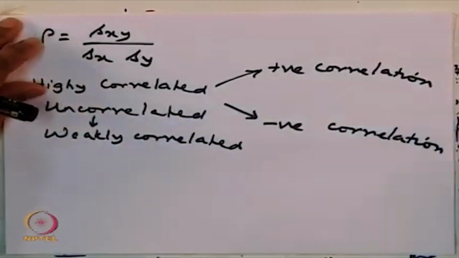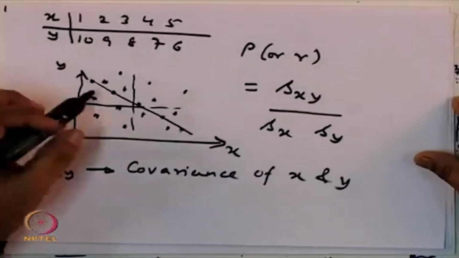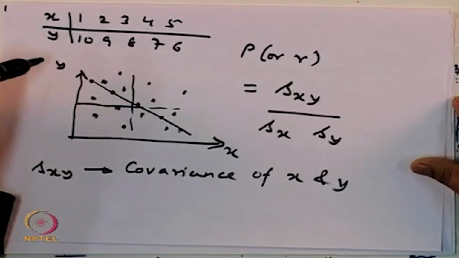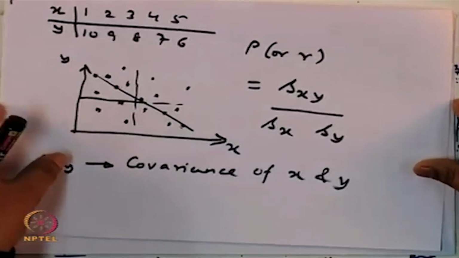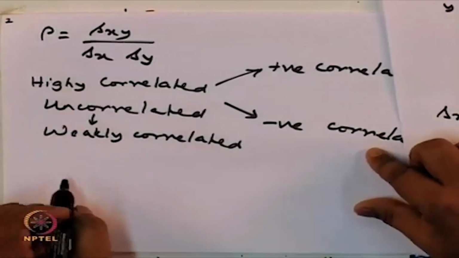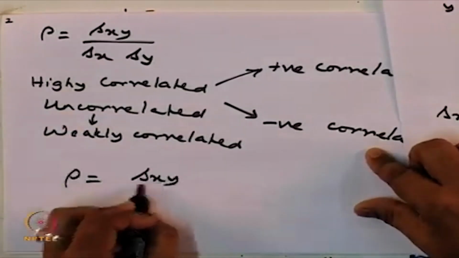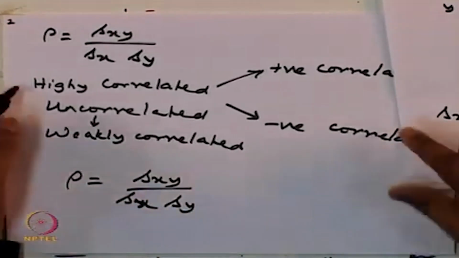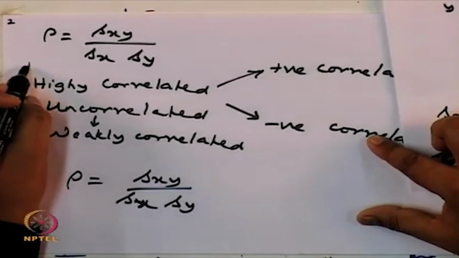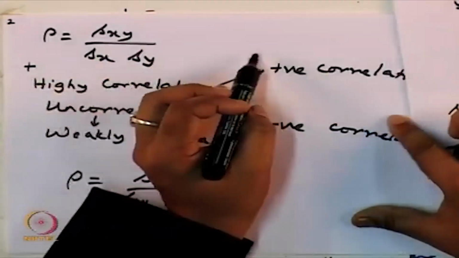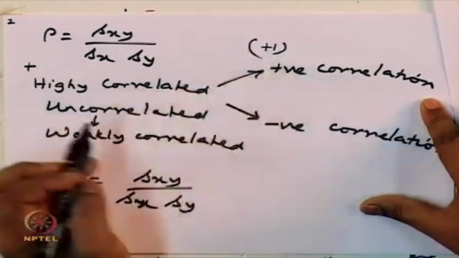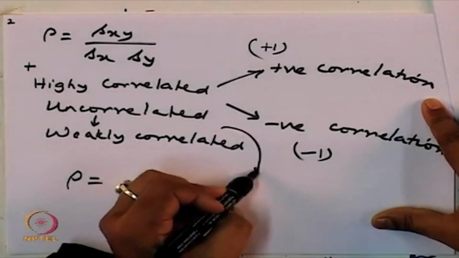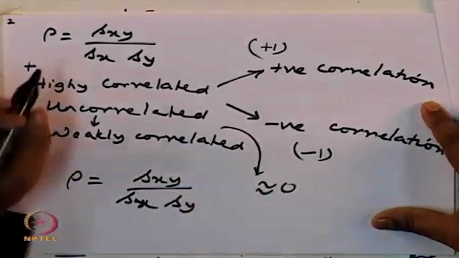In the example we showed in the first slide, the original data set is an example of negative correlation where increase in x leads to decrease in y. So, if we see the way rho is defined as Sxy by Sx by Sy, ideally highly positively correlated should give me a value which is closer to +1, negative correlation should give me a value which is closer to -1, and uncorrelated should give me a value approximately equal to 0.